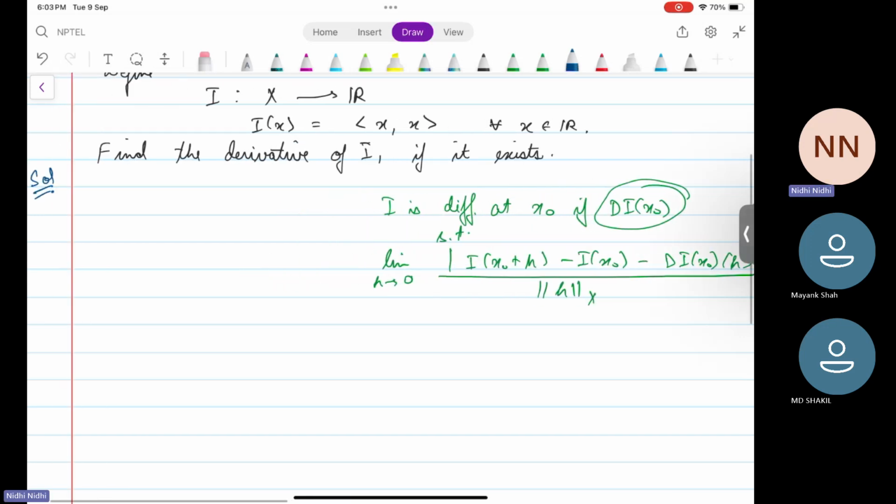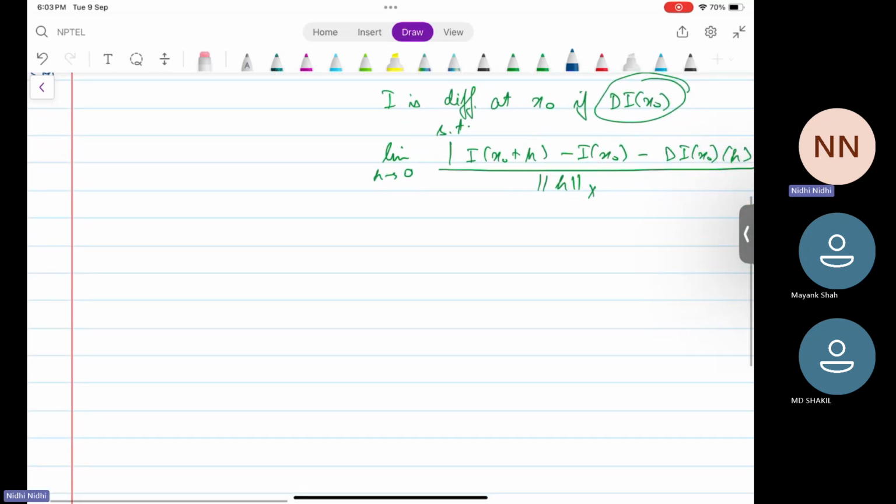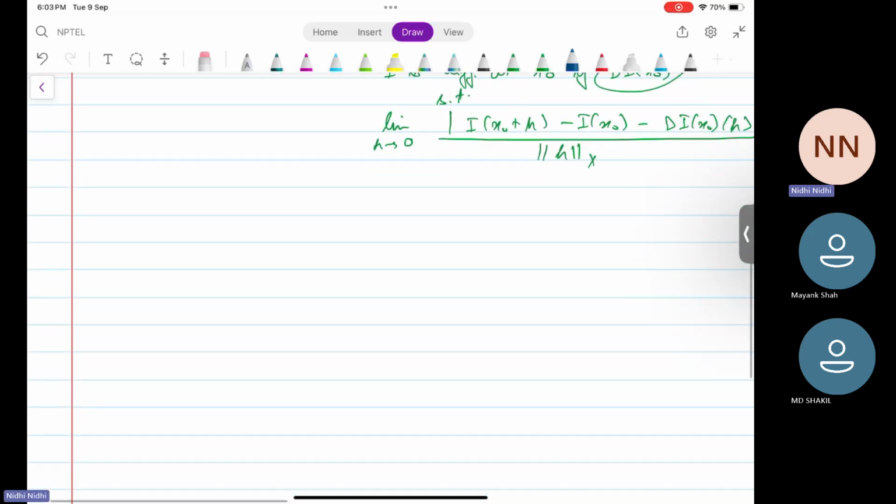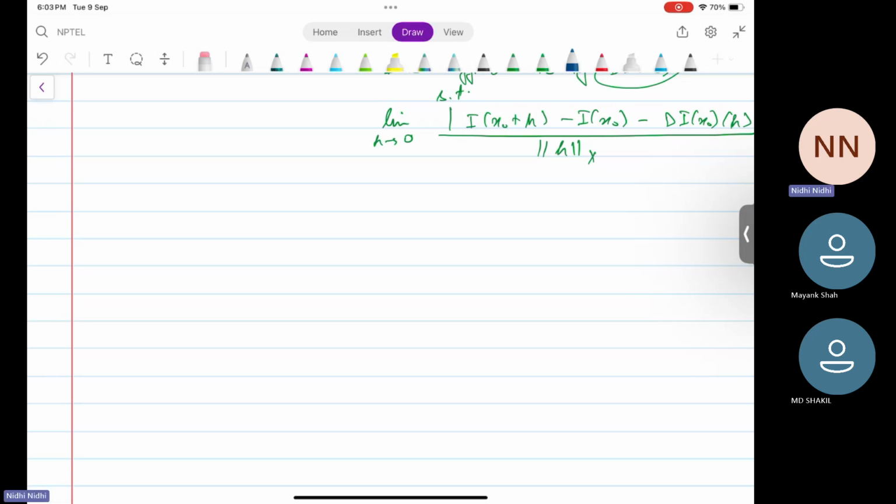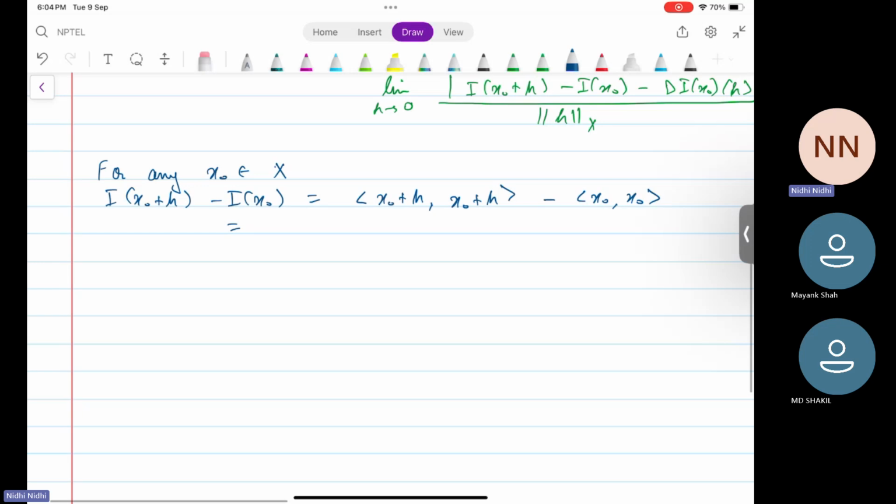So let's start with I of x naught plus h minus I of x naught, for any x naught in X. This is equal to, by definition, the inner product of x naught plus h with x naught plus h. Now, by the property of inner product space, we can split the terms in between.